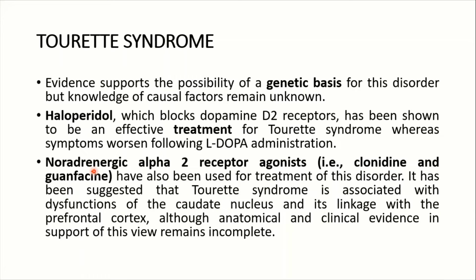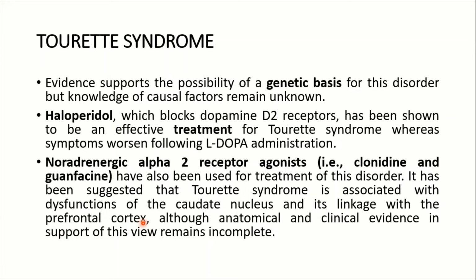It has been suggested that Tourette syndrome is associated with dysfunction of the caudate nucleus and its linkage with the prefrontal cortex, although anatomical and clinical evidence in support of this view remains incomplete, right?